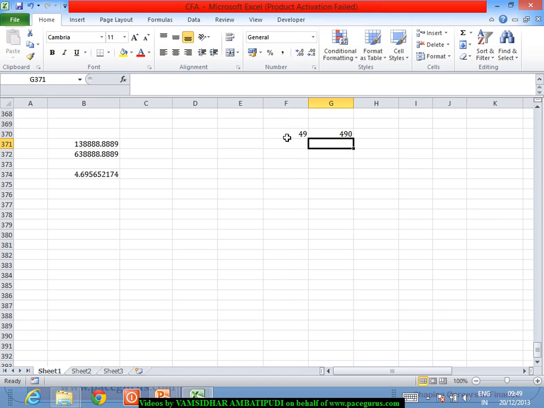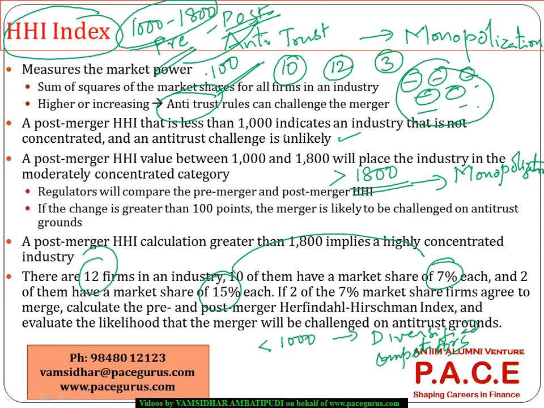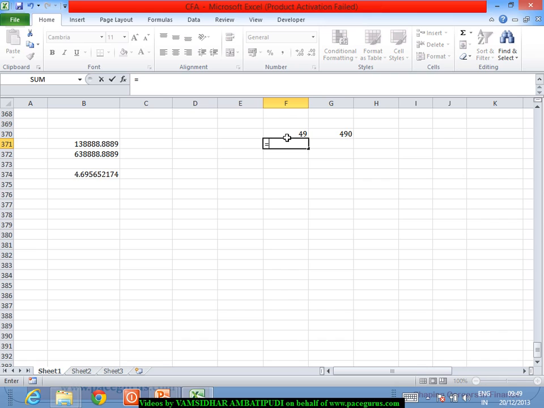So the overall HHI for those 10 firms is 490. And what about these 15? There are 2 firms with 15, which means the square of the market share is 225, multiplied by 2 firms, 450. So the total HHI before the merger was somewhere around 940.